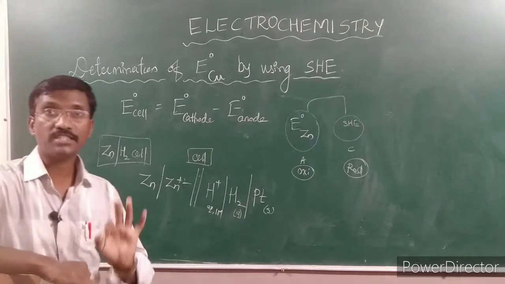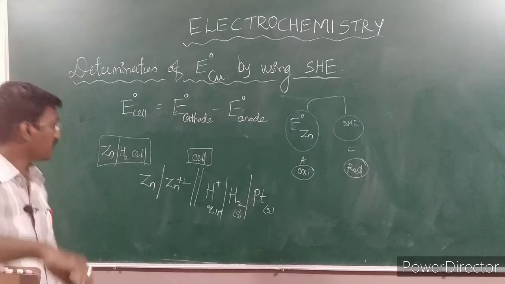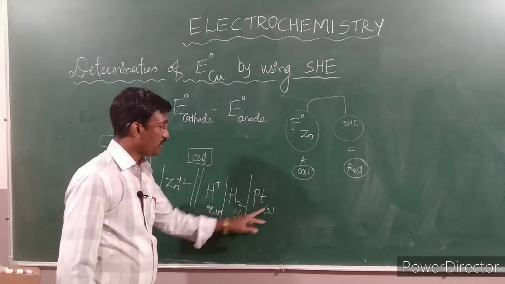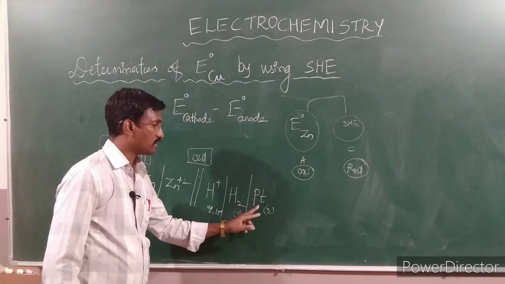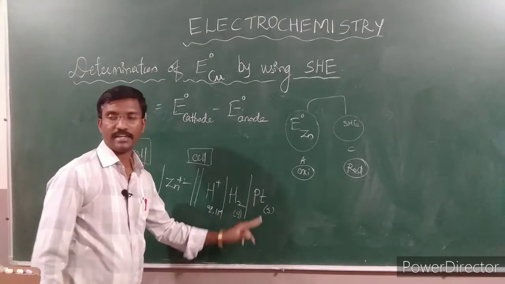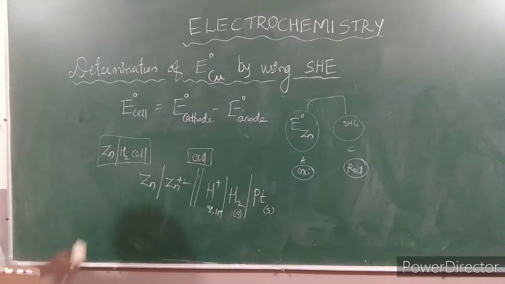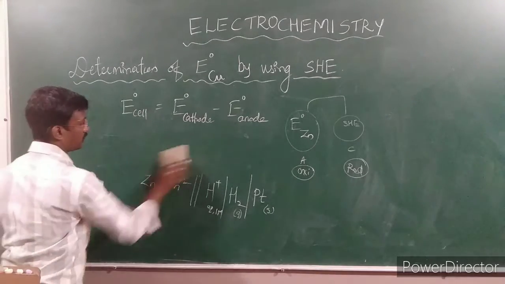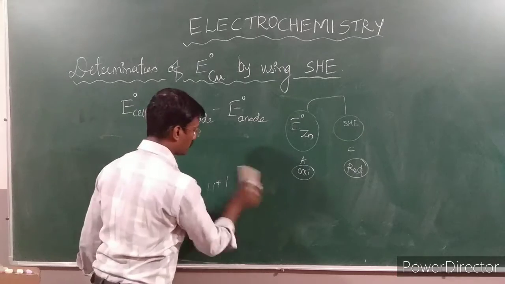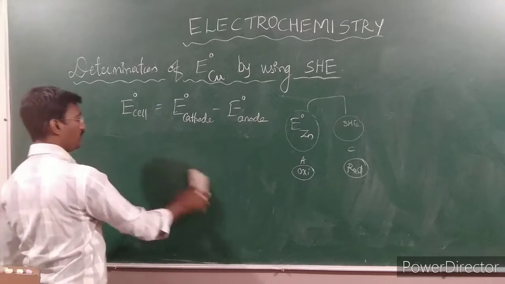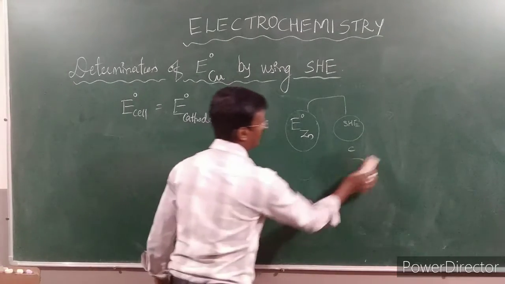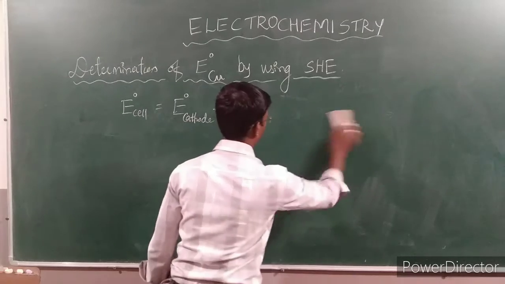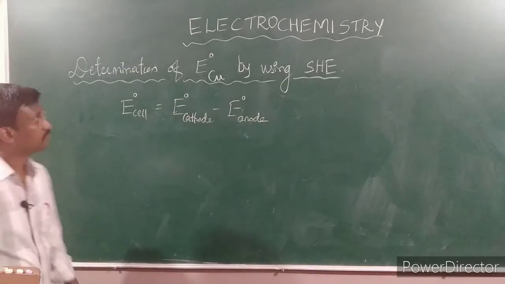Whenever we write the SHE, we have to write platinum as the electrode metal. Why? Because in the SHE, the platinum surface is used for the oxidation and reduction.